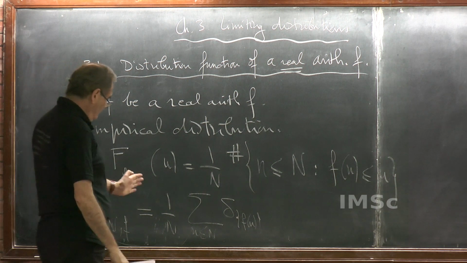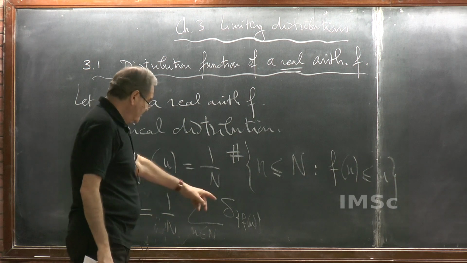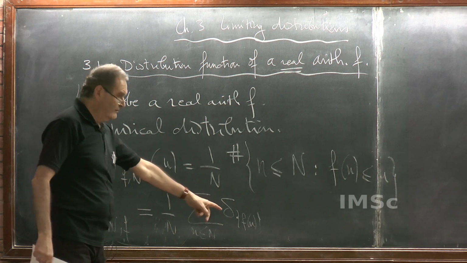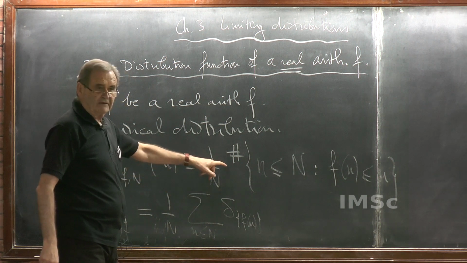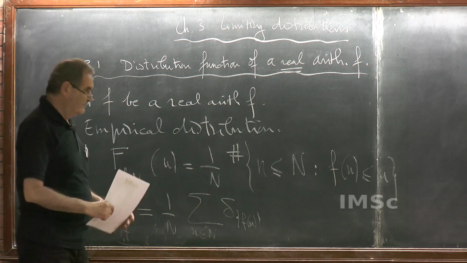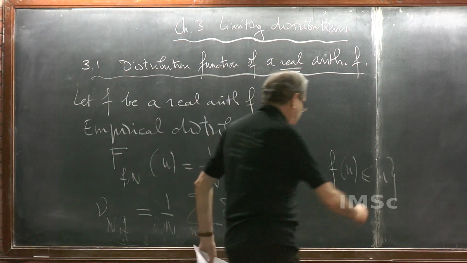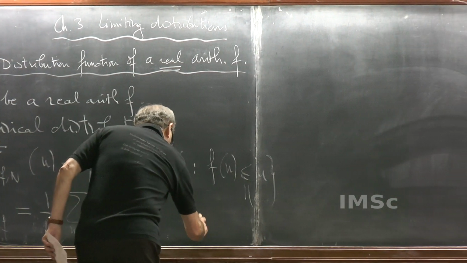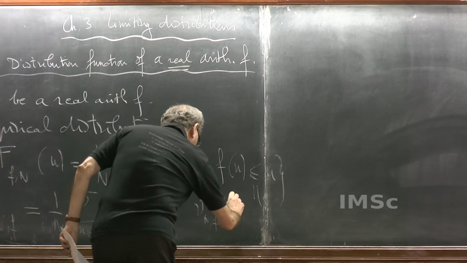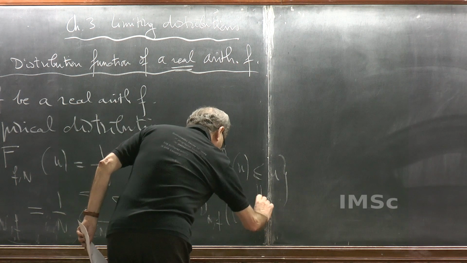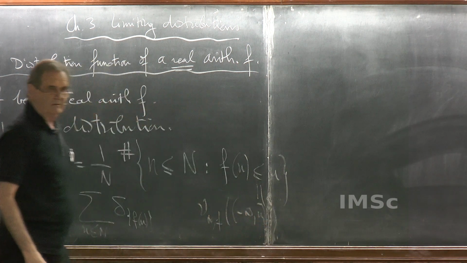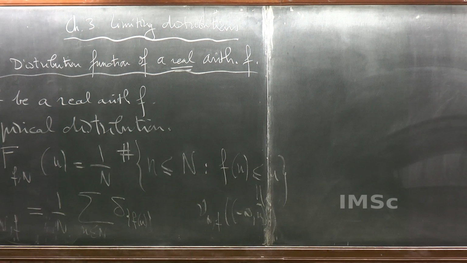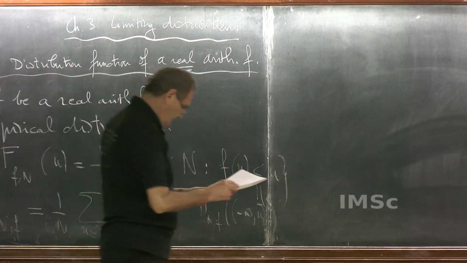Because if you are looking at the measure of the interval minus infinity to u with respect to this measure, you get exactly that. If you wish, you can see this as nu_N^f of the interval minus infinity to u, and so it is the distribution of a probability measure. Okay? As we are used to.